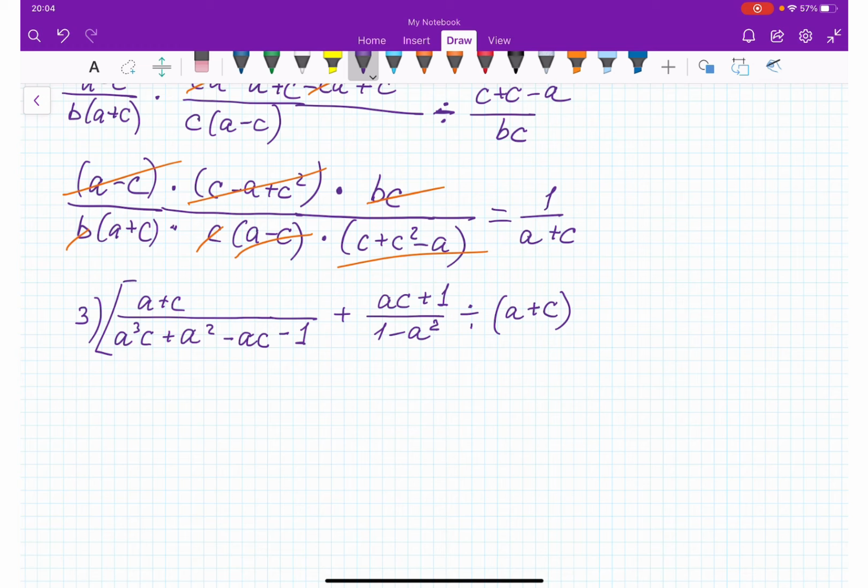Okay, all this multiplied by a cubed plus c cubed, 3 minus 3c squared.